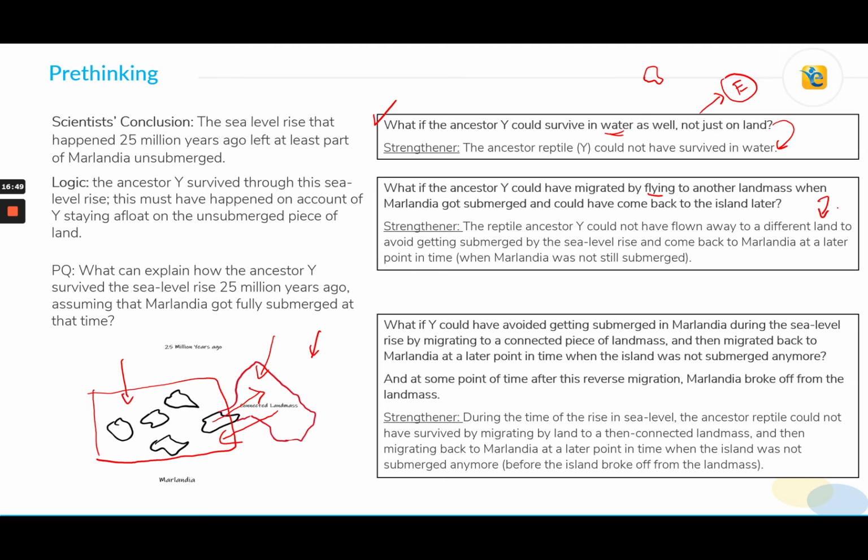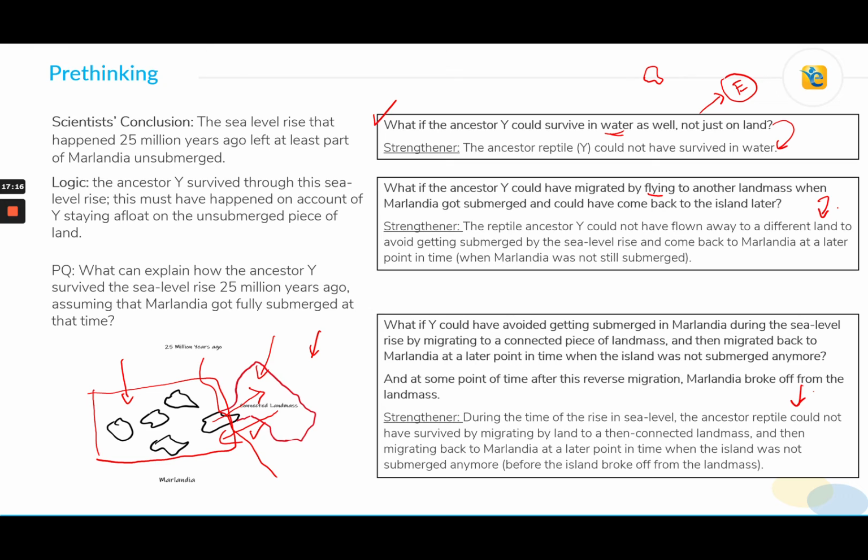The species Y essentially avoided getting wiped out by migrating by land to a connected landmass, and then they came back. Of course, in this situation, at some later point in time, after this reverse migration, this land broke off, which is why Marlandia today is a completely unconnected set of islands, right? A situation like this will also break the conclusion, and therefore a strengthener here has to guard against this situation.